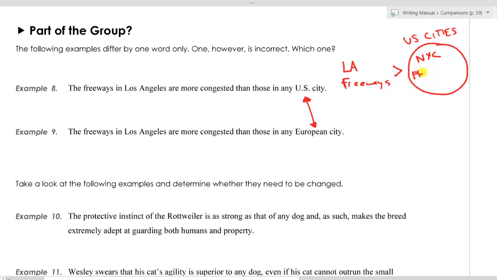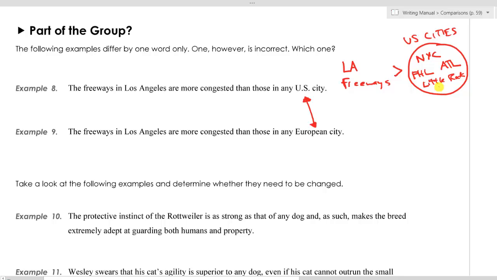Let's say we have the city of brotherly love, Philadelphia. Let's say we have, let's do a southern city like Atlanta. Let's do, I don't know, what's another cool city? How about Little Rock, Arkansas? Everybody knows that Little Rock is like the most amazing city in the entire country.